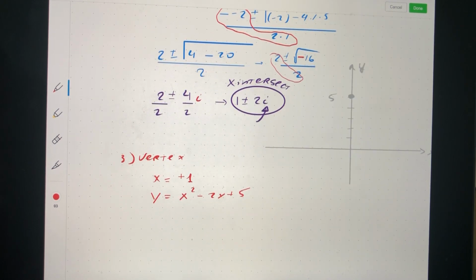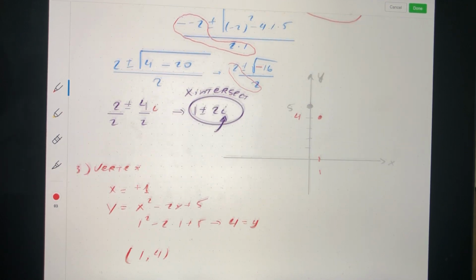Substituting 1 for all the x's, we get 1 squared minus 2 times 1 plus 5, and that makes 1 minus 2, that's negative 1, plus 5 is 4. So the y number is 4, which means our vertex is at (1, 4). So 1 for the x, and 4 for the y. That's where the vertex is.